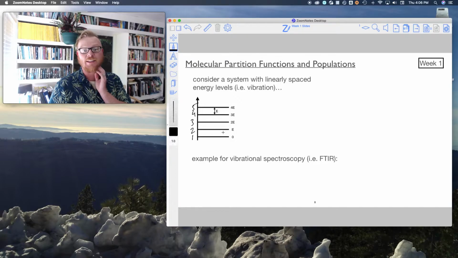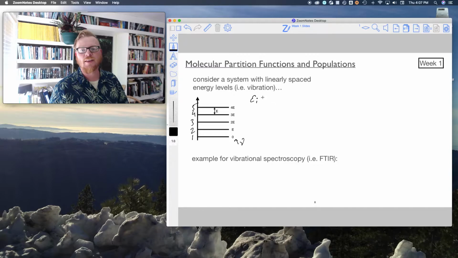But to go to the next energy level, it has to be supplied the value of E. So I can go from 0 to E, E to 2E, 2E to 3E, and they're all spaced by levels of E. We could think of this 0 right here as the vibrational number, which as it turns out also gets a Greek letter nu. So don't let that confuse you. There are too many Greek letters, or not enough Greek letters, rather.